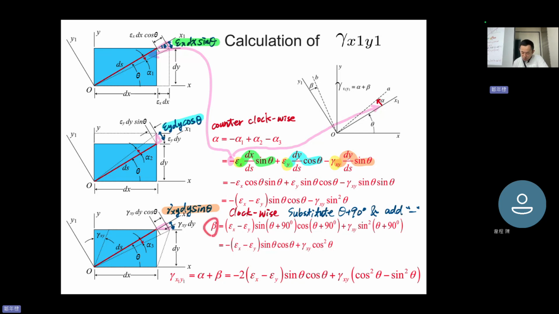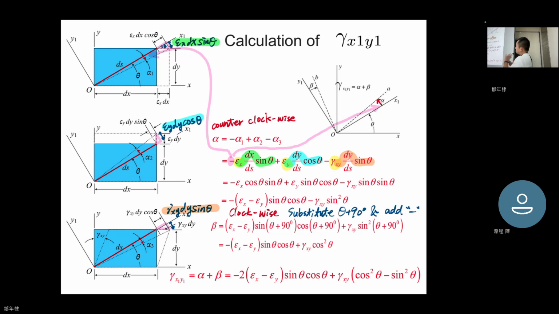So your beta equals this. You don't need to determine the whole thing altogether. All you need to do is substitute theta plus 90 degree and add a minus sign. Then you sum it up together, and alpha plus beta becomes this. Ugly, I know, it's okay.